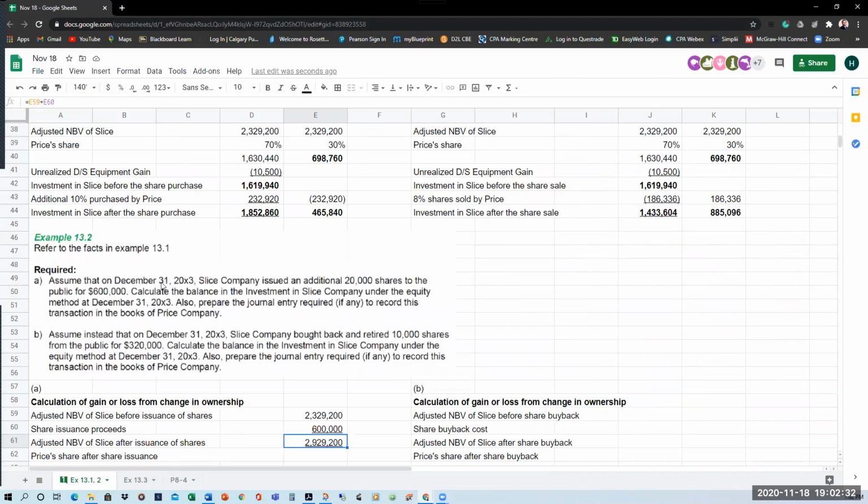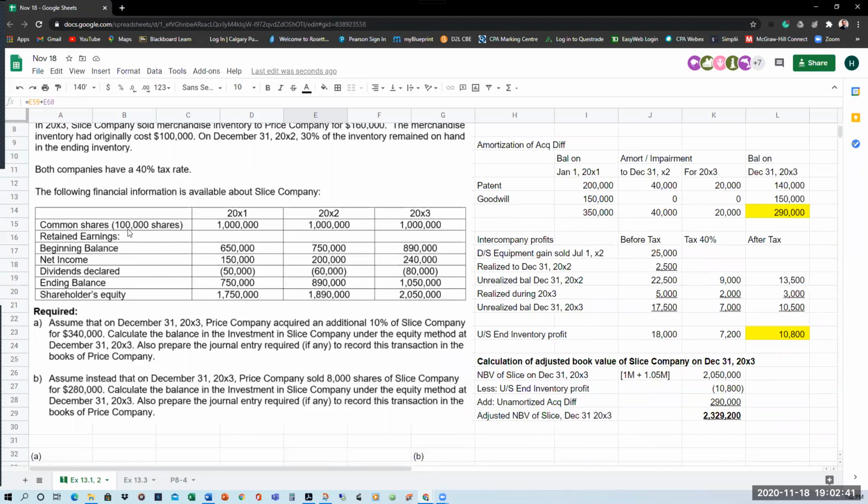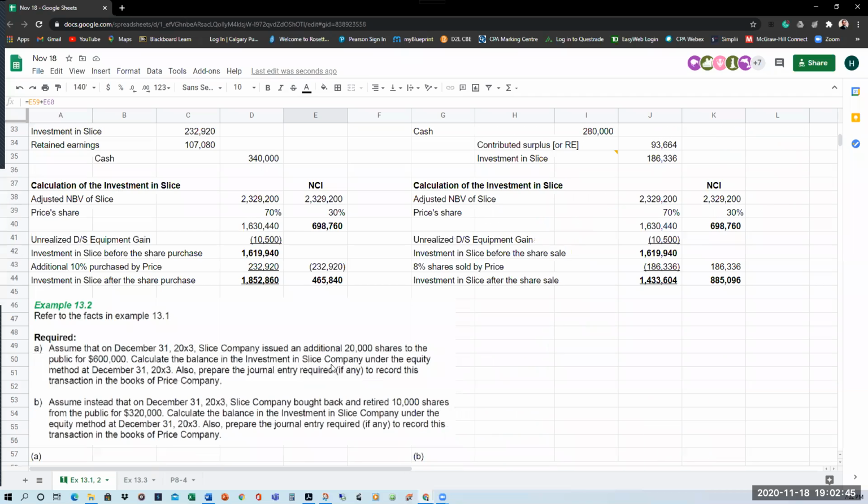On December 31st, 2003, when Slice Company issues an extra 20,000 shares, the total number of shares becomes 120,000.